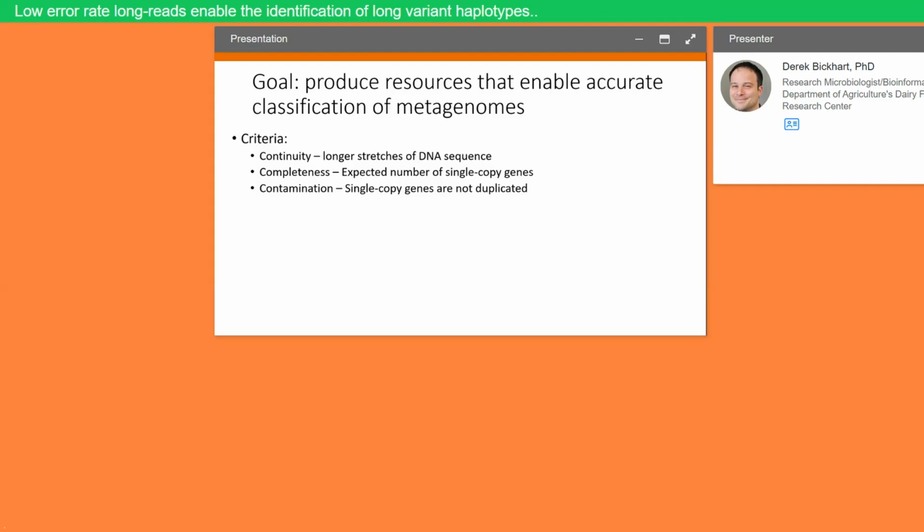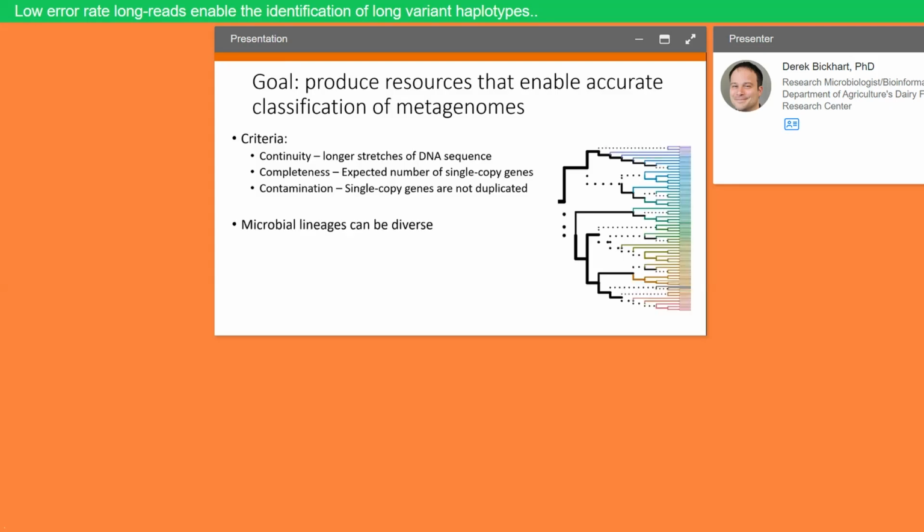Based on the proportion of those genes, you can estimate how complete a bacterial genome assembly is. Likewise, if you find more than one copy of a single copy gene, that indicates the potential for a misassembly or the inclusion of data that should not be there in that genome.